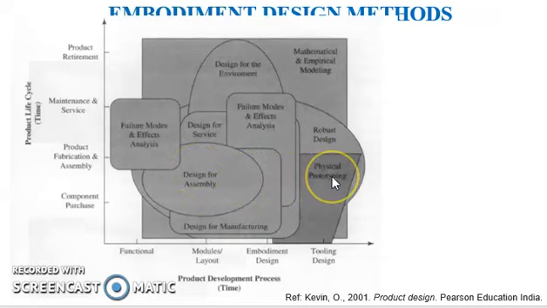Physical prototyping method provide a means to test the actual performance and manufacturing ease of the product concept. Methods such as design for service ensure the minimum running and maintenance cost associated with the product concept.